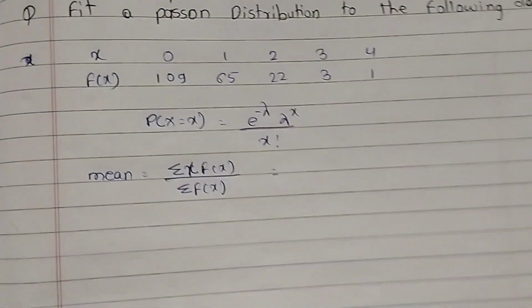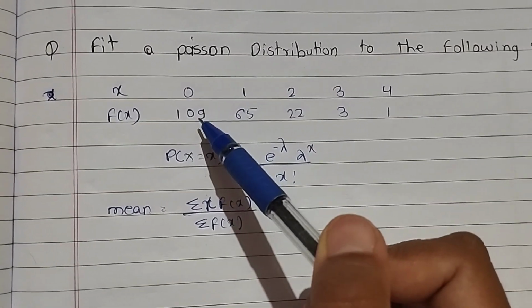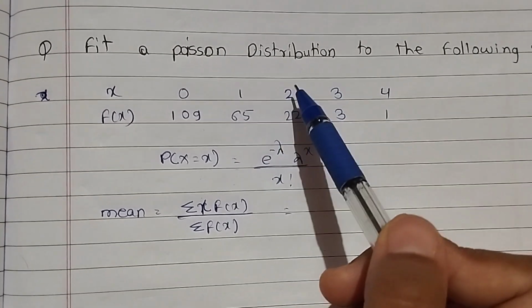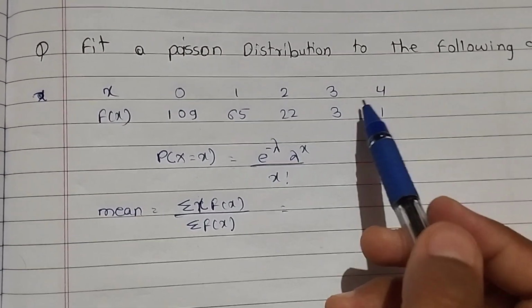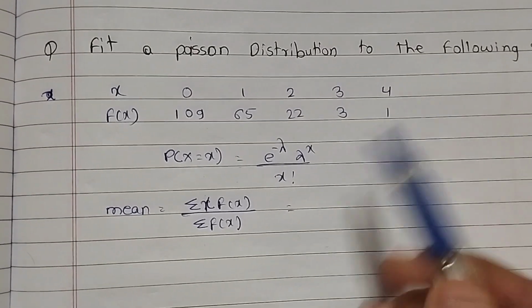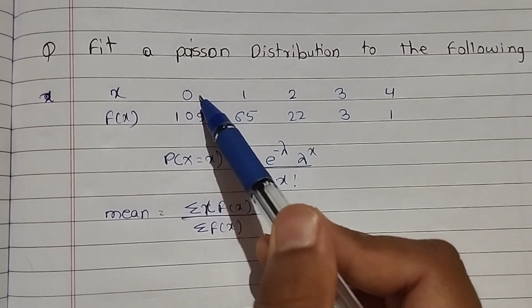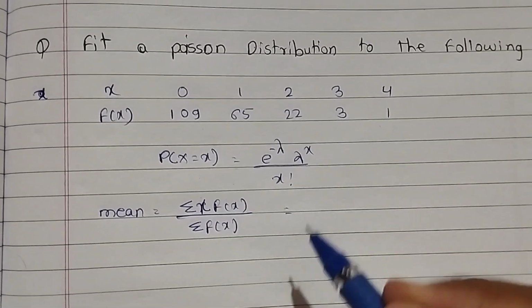So here 0 into 109 plus 1 into 65 plus 2 into 22 plus 3 into 3 plus 4 into 1. So when we do all this operation, means summation of x f of x, we get the value of the numerator.